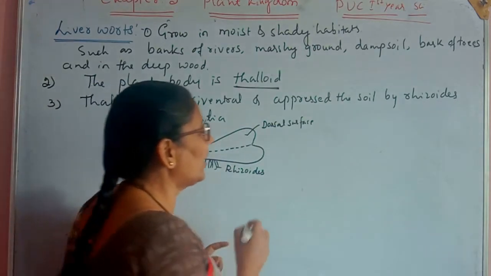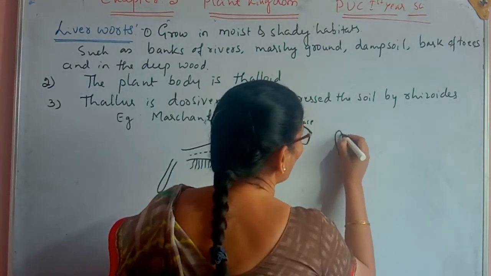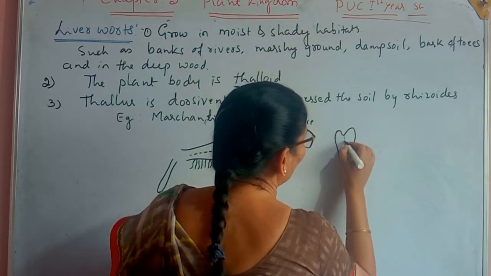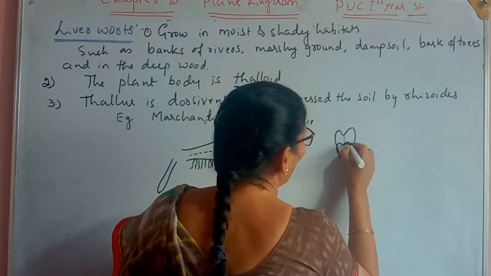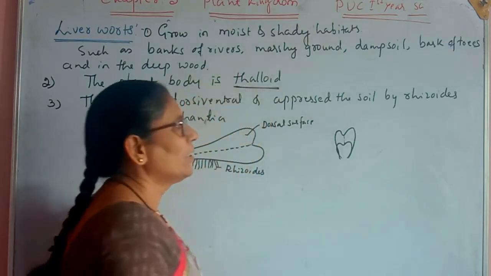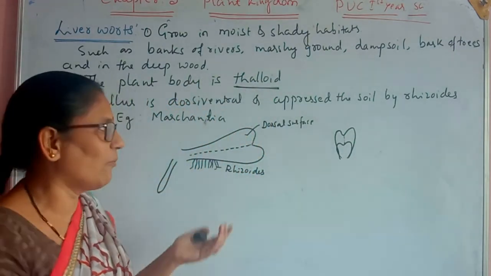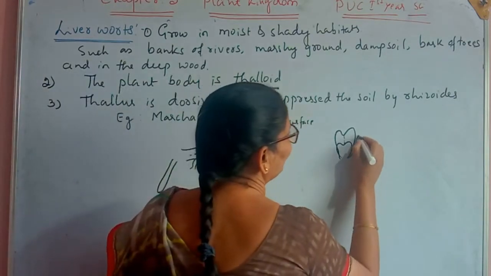In Riccia we see tiny branch-like structures, one above the other. Such thallus is arranged in the form of a rosette.